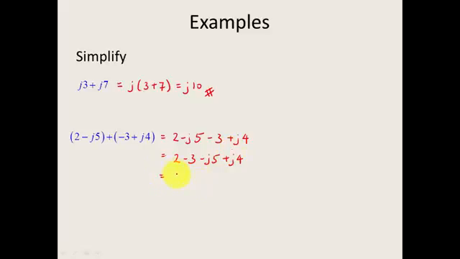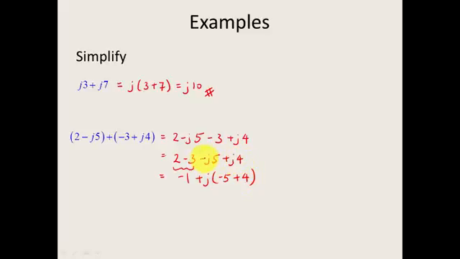So now I'm going to evaluate what is 2 minus 3. Since they are real parts, 2 minus 3 gives me minus 1. How about the imaginary parts? Let me write it as plus j multiply into a pair of brackets, and inside the pair of brackets would be minus 5 plus 4. This minus 5 is from this term, plus 4 is from this term.